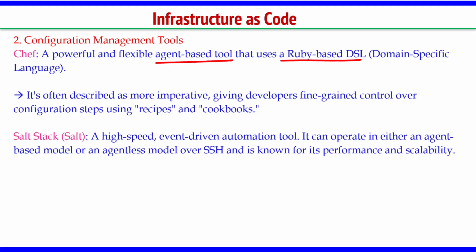We have to clearly tell what the commands are, only then it works. So that is about Chef. Again, it is an agent based tool. It is more imperative, giving developers fine grained control over configuration steps using recipes and cookbooks.